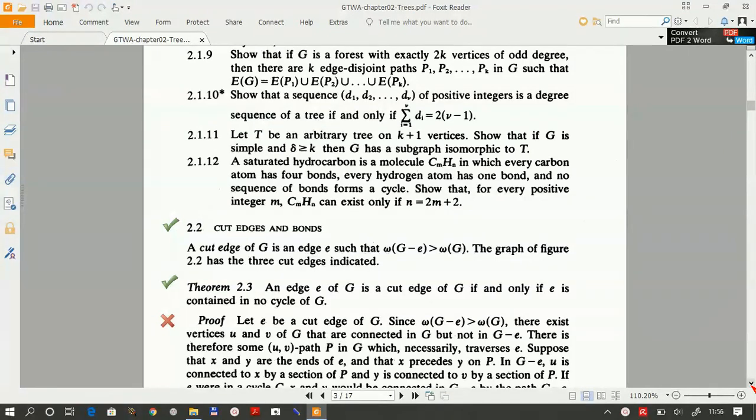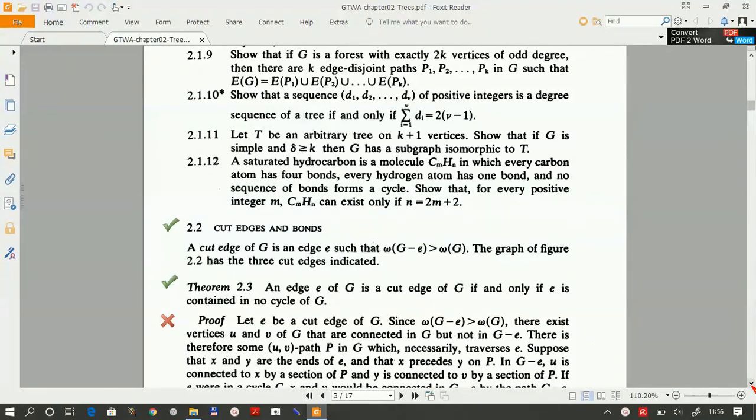It might be disconnected itself, and so you don't make it disconnected. It is already disconnected. What happens if you delete what is called a cut edge? It happens that the number of components increases, which is true also, of course, if G is connected. Omega of G is 1, omega of G minus E is 2.